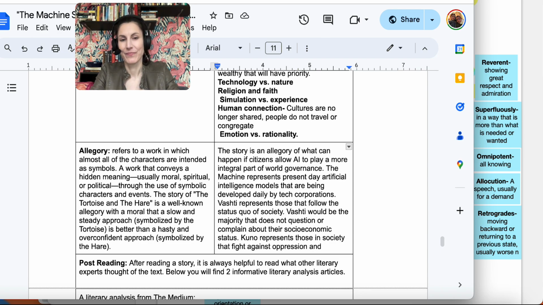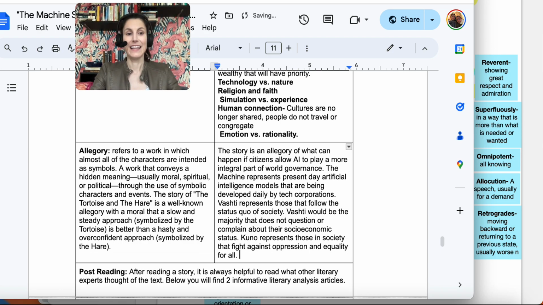I want to say maybe inequality, but everyone had like the same thing except for the people that were outside. Because then Kuno found out that people were out there, and he was sort of advocating for them too. Like he was saying they're out there and they can survive. It shows that it's possible. So we could say equality for all.